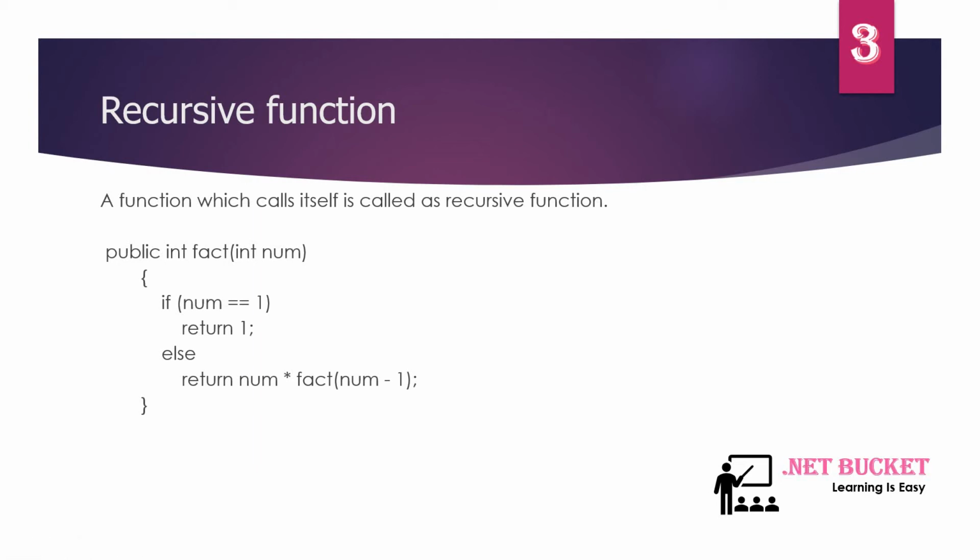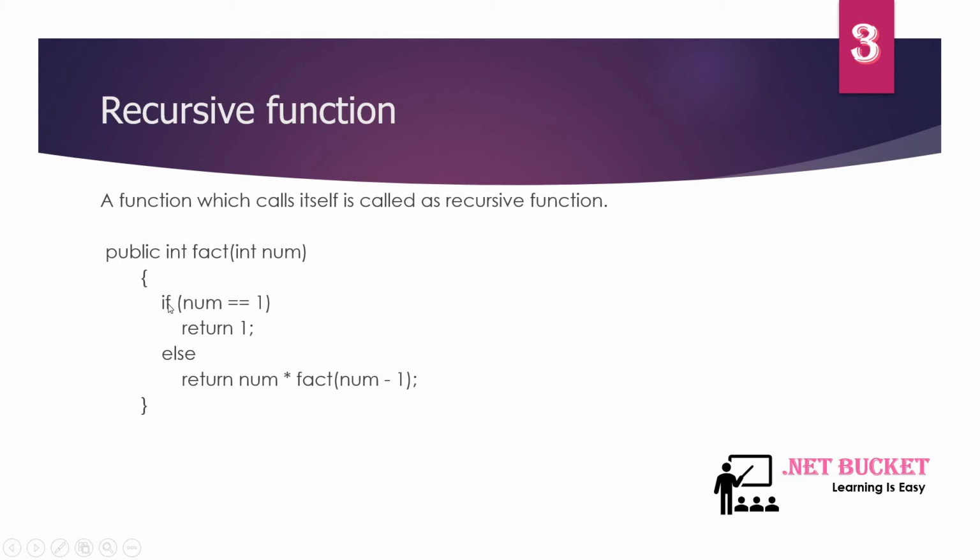One thing that you should always take care of while writing a recursive function is that you should always have a statement from where your function will return some value rather than calling the same function once again, right? If you see in this program, let's say you have number 3, okay.